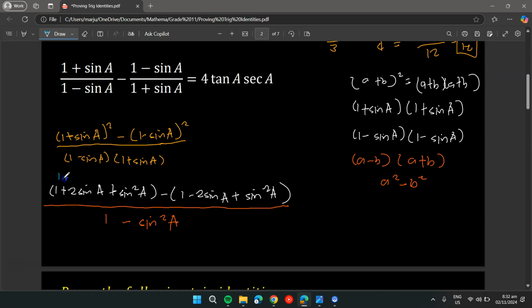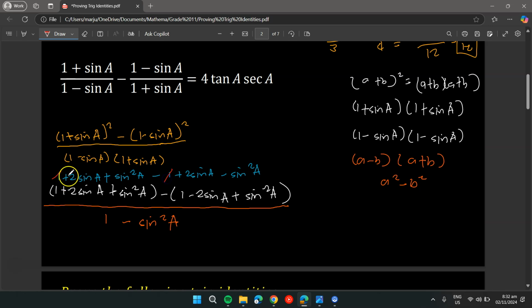This one will become 1 plus 2 sine of a plus sine squared a, minus 1 minus 2 sine of a plus sine squared of a. So look at this. We can actually cancel out things. 1 minus 1 is cancelled.